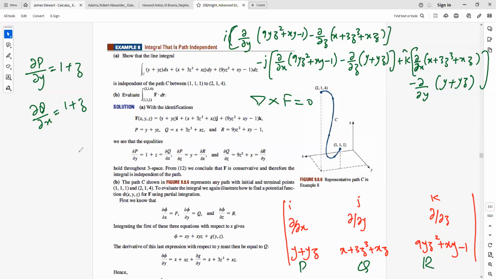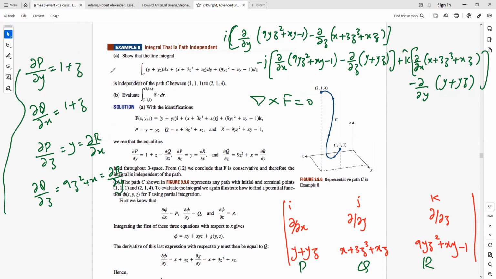And then we have partial P over partial z equals y. That is also equal to partial R over partial x. And again, partial Q over partial z equals 9z squared plus x. That is equal to partial R over partial y. So these equalities hold, therefore we can say that the field given is a conservative field. So this is how we can compute for the conservation of fields.